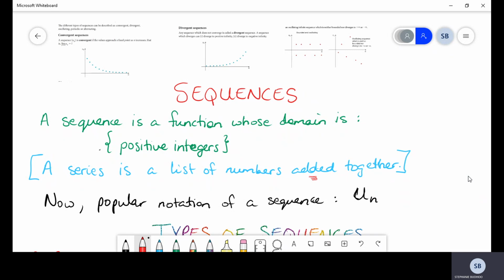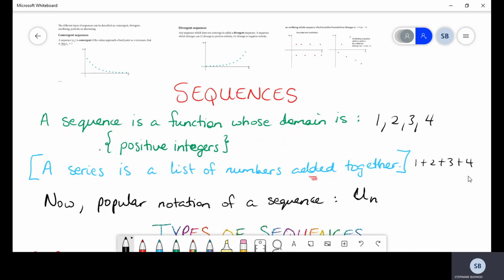So, for example, an example of a sequence could be 1, 2, 3, 4, just a set of positive integers. But a series containing the same set of positive integers would look like this: 1 plus 2 plus 3 plus 4.